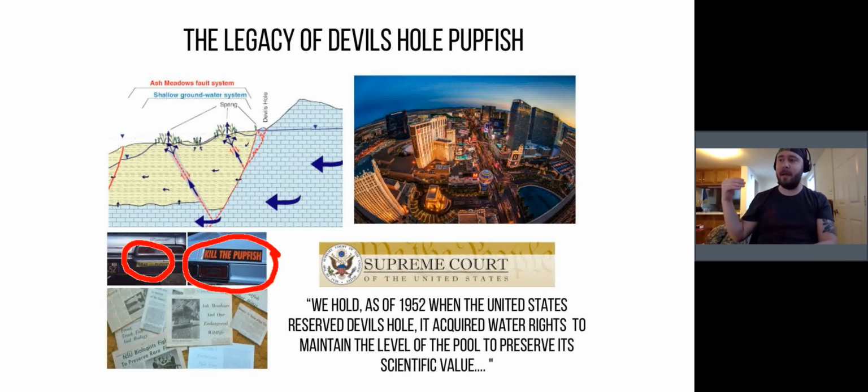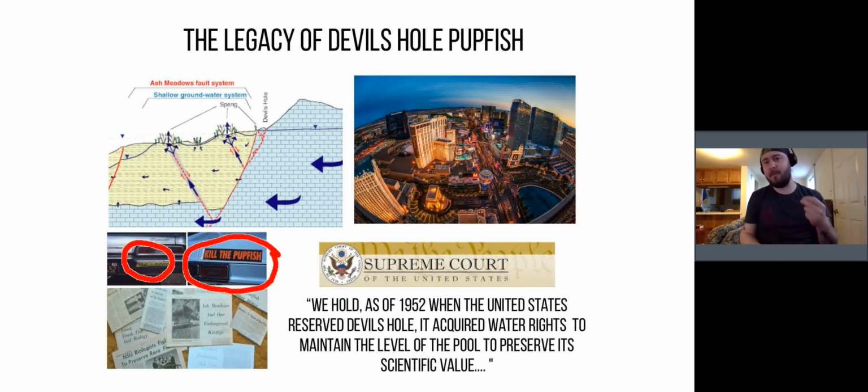And in 1978, I think, or 1977, the Supreme Court came to this landmark decision. It said that in 1952, we enacted the Conservation Act, and any species under the Conservation Act must be protected. So even if you want to pump water from this aquifer, you can only do it in a way of not endangering the fish.